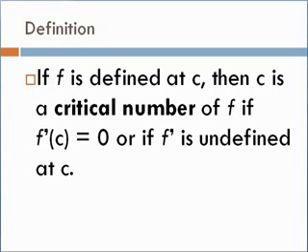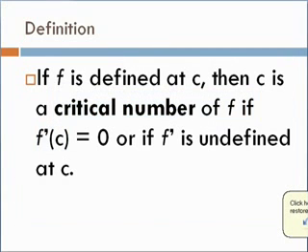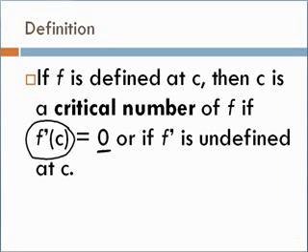So either one of those two things. We're finding the derivative first of all, and then we're setting that derivative equal to 0, and finding all the points that make it equal to 0. And then we're also looking to see where the derivative is undefined. Those are our critical points.